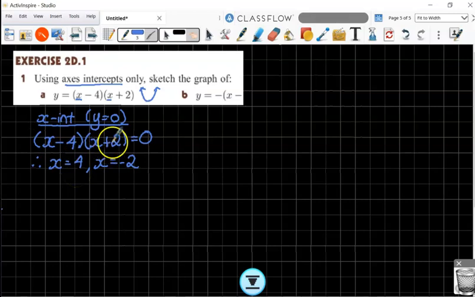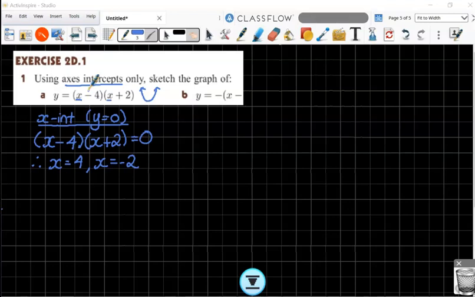So then 0 times anything gives me 0. So it was nicely already factorized for us. If it was me writing your test, which I am, I would be mean and I would not give it to you in a factorized form. I would make you factorize it yourself. All right, so that's our x-intercept.